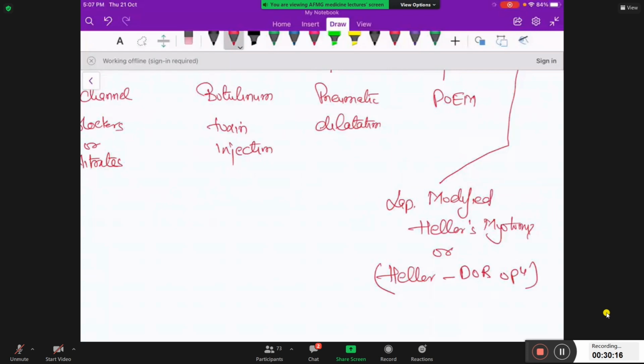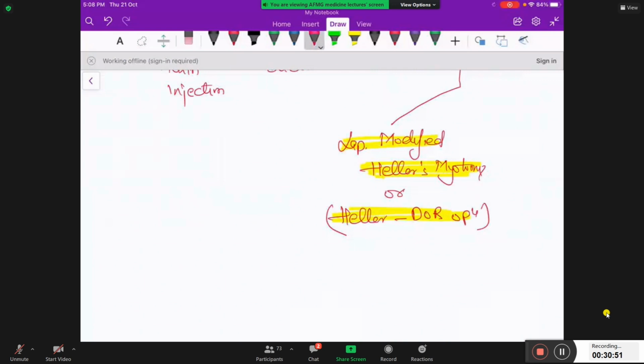Out of these various treatment options, the treatment of choice, if asked, is the laparoscopic Heller-Dor operation.